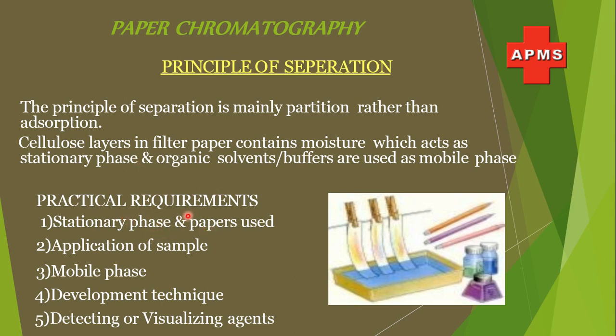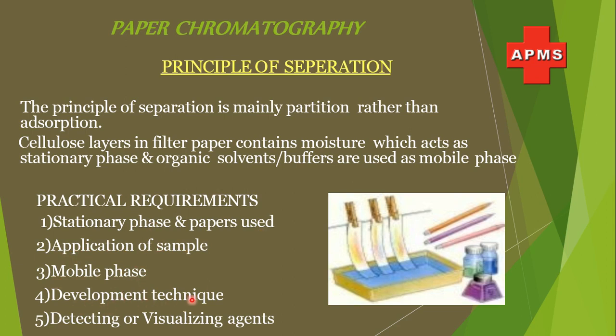Now the practical requirements of a paper chromatography experiment. First is the stationary phase and papers used. Second is application of sample, meaning applying the sample on this stationary phase. Then the use of the mobile phase.